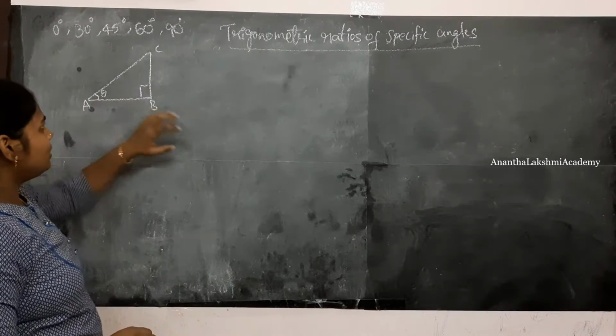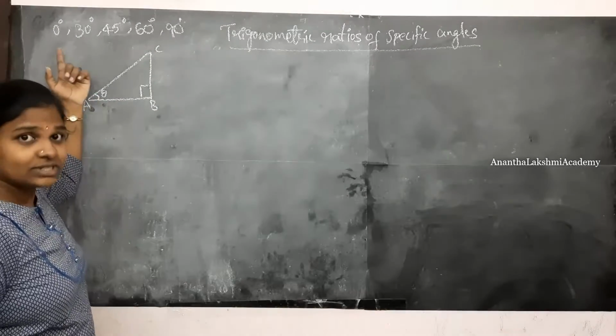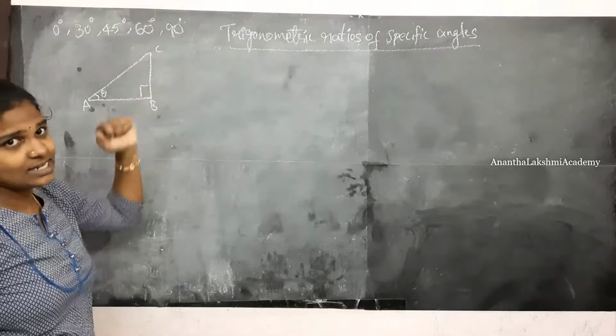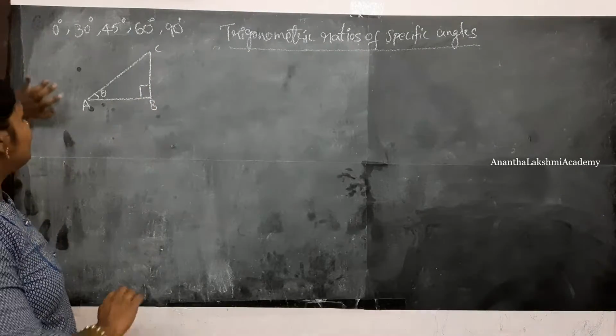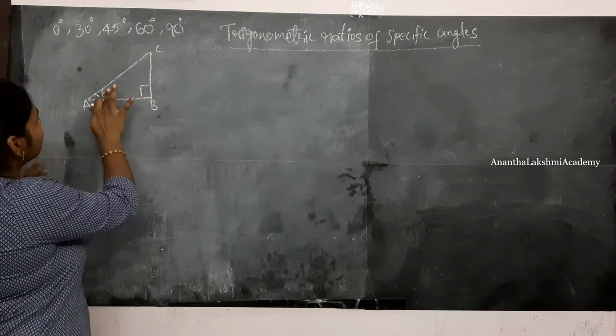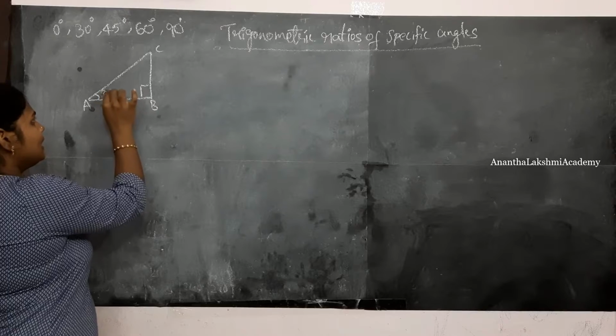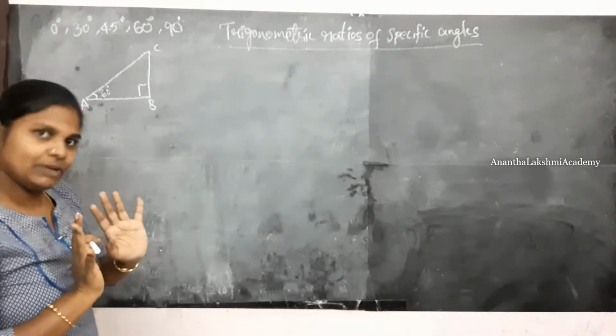Now we are going to figure out what happens when this theta becomes 0 degrees or 30, 45, 60, 90 degrees, etc. Alright, so let us assume this angle theta is, say for suppose, around 60 degrees. Then this is the triangle which we might get.